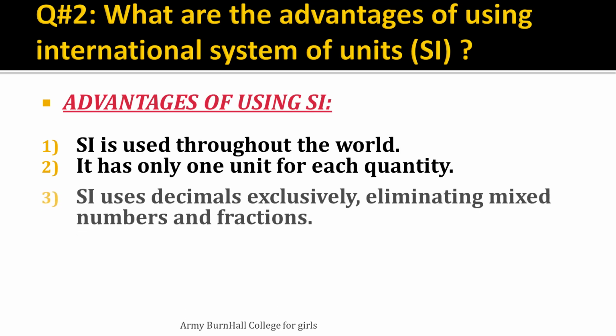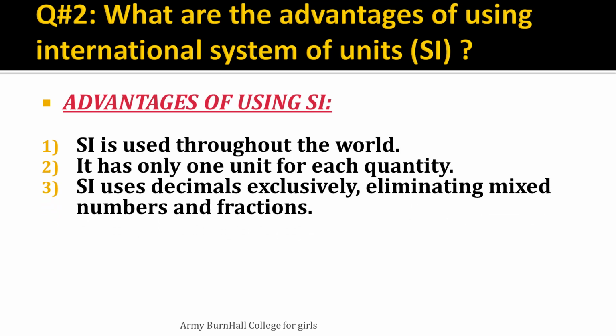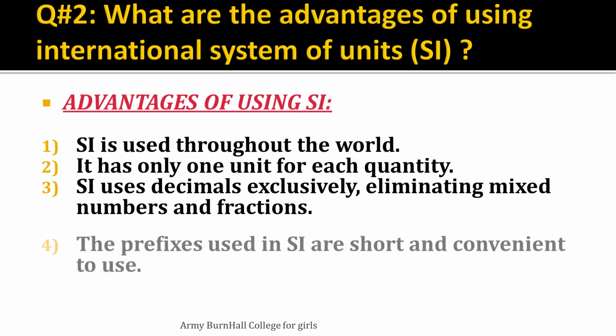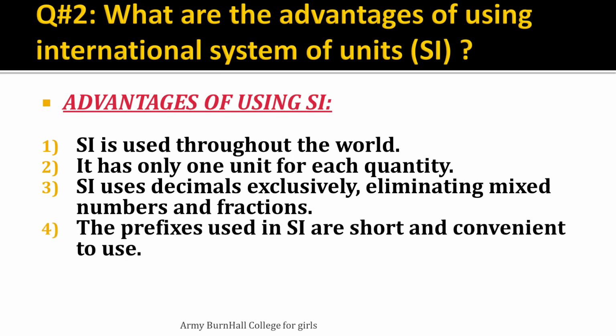Okay. Number 3, SI uses decimals exclusively, eliminating mixed numbers and fractions. So we are just using decimals, 2 point this, 3 point something. We are not using mixed numbers and fractions in System International. That is another advantage. Number 4, the prefixes used in SI are short and convenient to use.